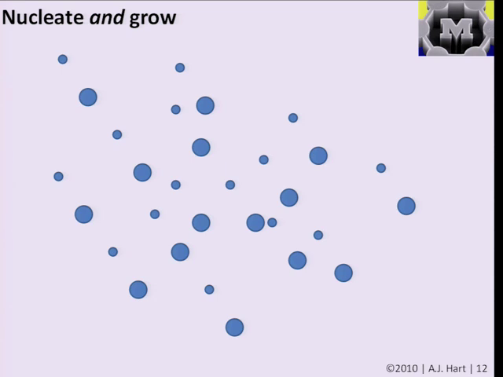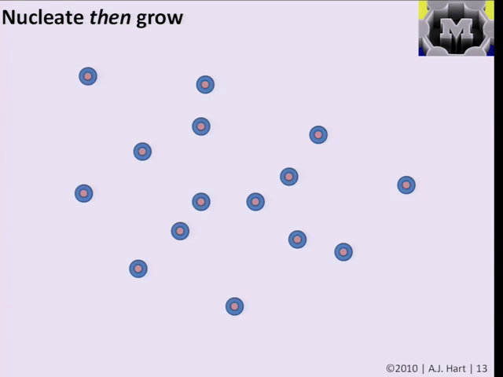And this is an effective process to make small structures, but there's a decided difference between if I do this or if I first nucleate the structures and then I grow the structures, whereby after I turn the nucleation process off, I only add material to the existing structures rather than create new nuclei in the first place.